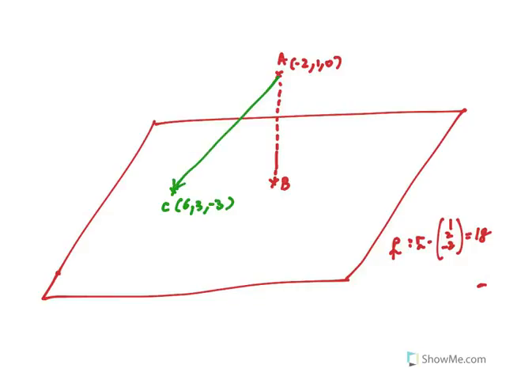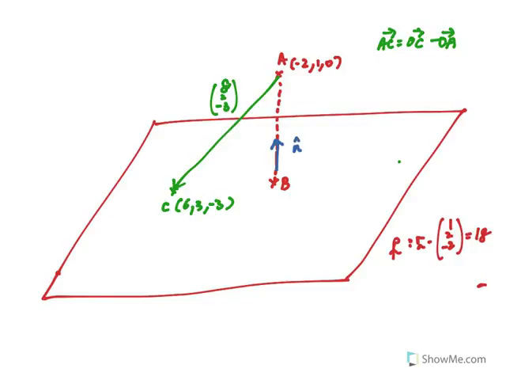I can say that AC is nothing but 8, 2, negative 3. AC is equal to OC minus OA. That's how I got AC. The normal vector, a vector that lies along this line, we can find n hat.